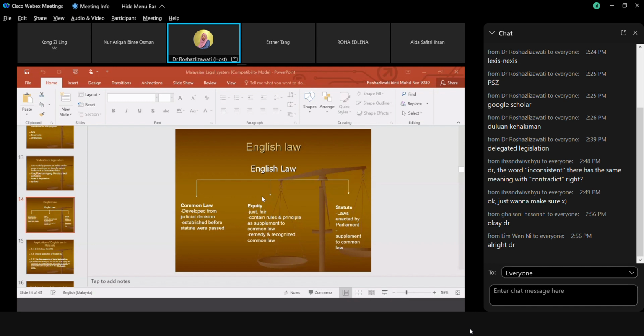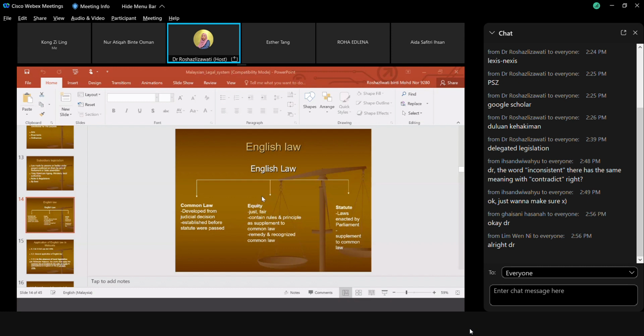And it develops from judicial decision. This one is considered as the first stage of English law. So you can see here, from common law, later on it will be developed to equity, then the latest type of English law is statute. This slide shows you the development of English law, perkembangan undang-undang Inggeris, starting from common law, then upgraded to equity, later on to statute.